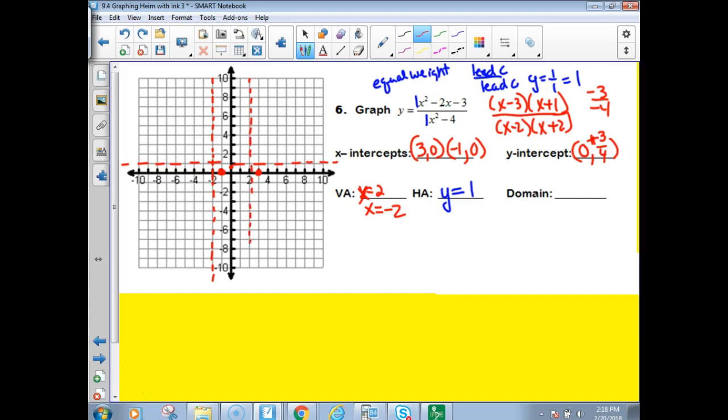Now, if you have a graphing calculator, this is probably the time when you'd want to go look at it, but I'm not going to yet. Our domain is all reals except x can't equal 2 or -2.